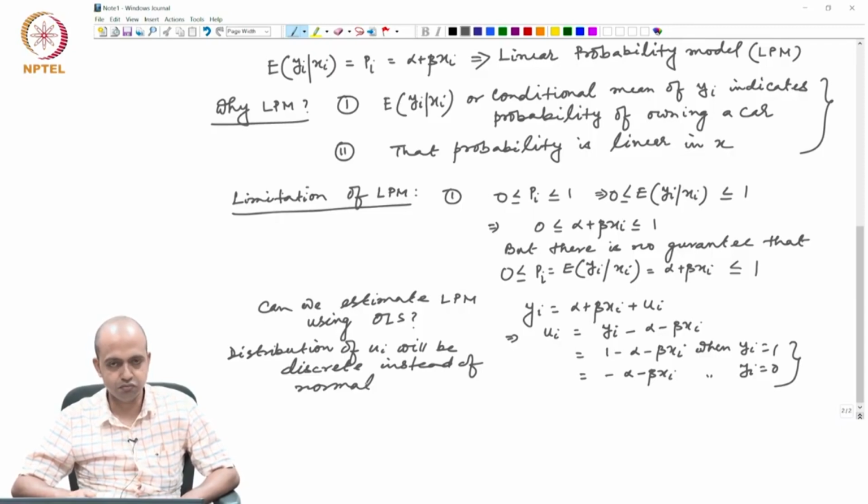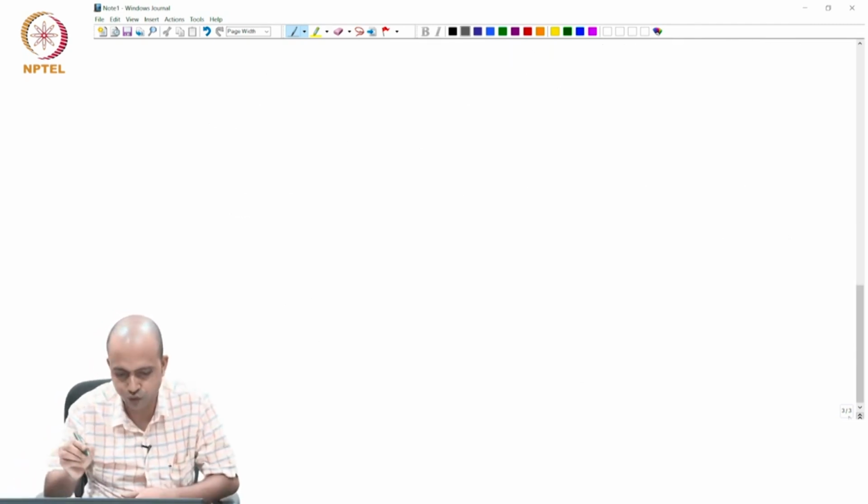So, this is the problem, right, and to overcome this, econometricians developed another model which is called Logit model.